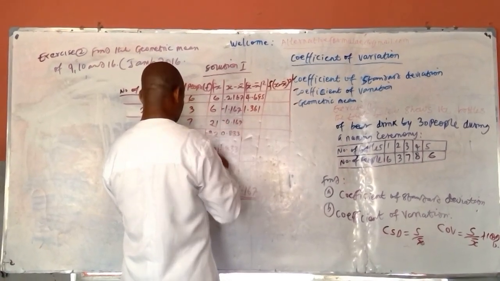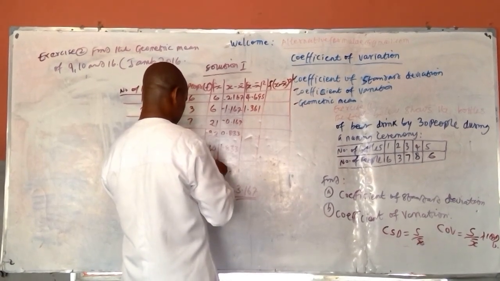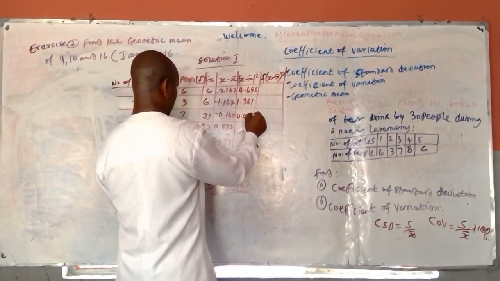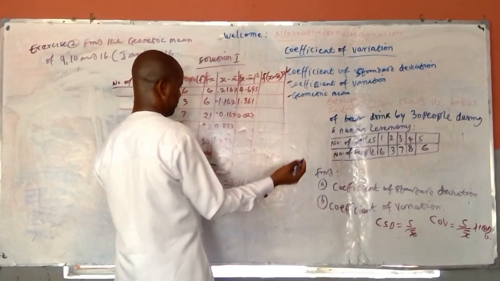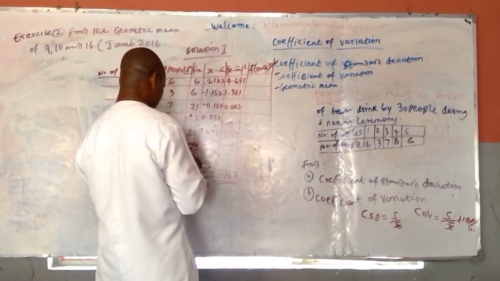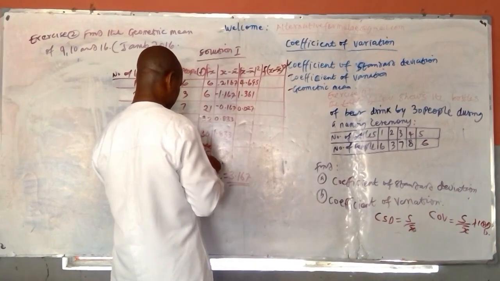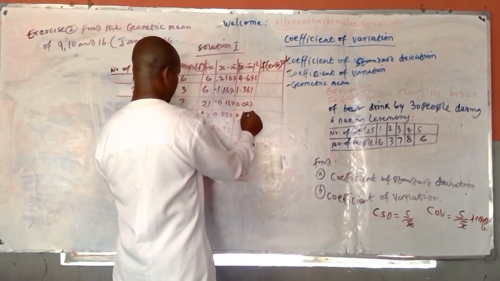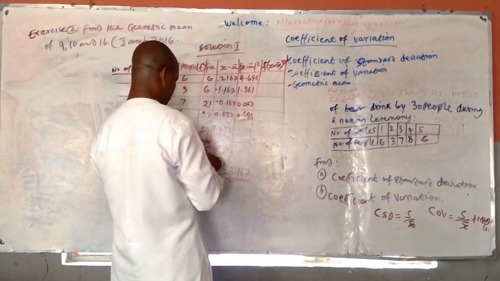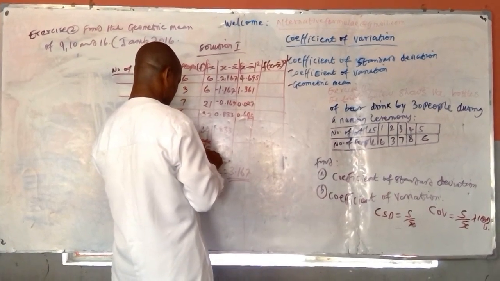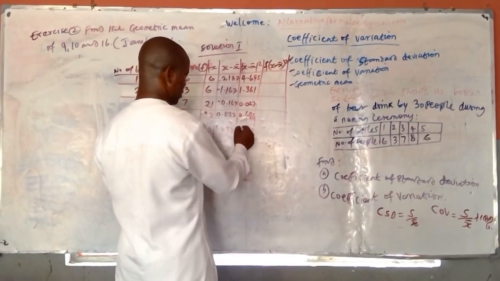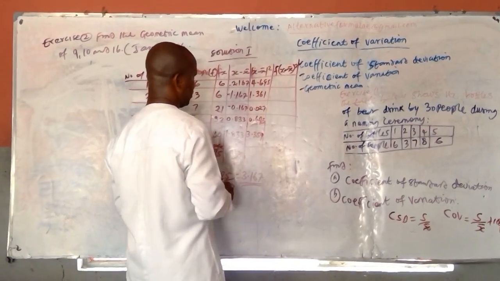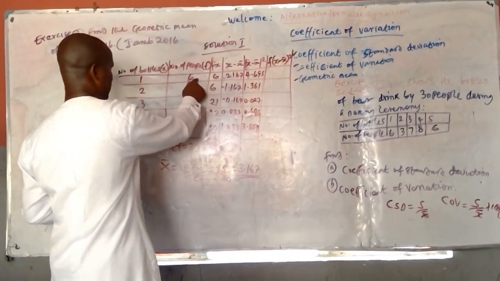Squaring 0.167, your answer will be 0.027. Squaring 0.833, you have 0.693. Squaring 1.833, your result will be 3.359.